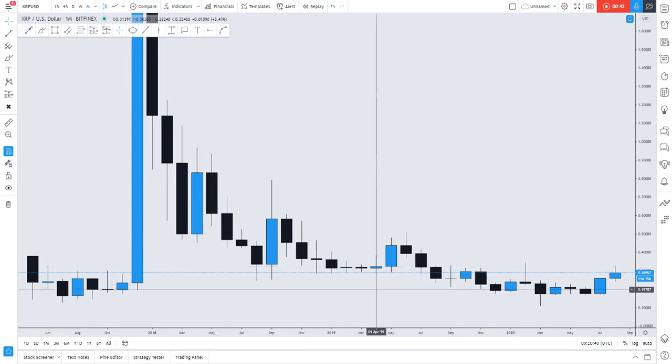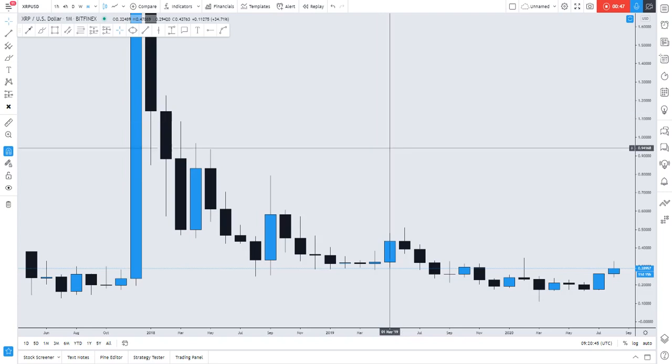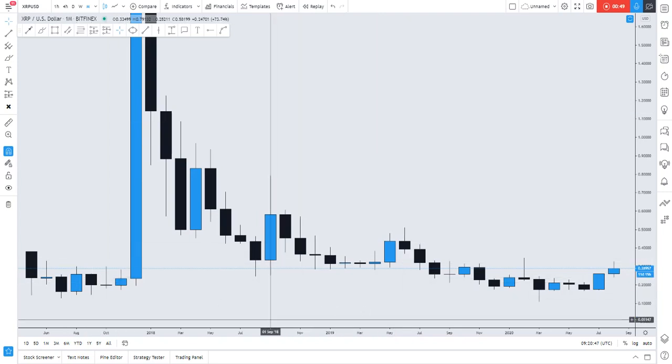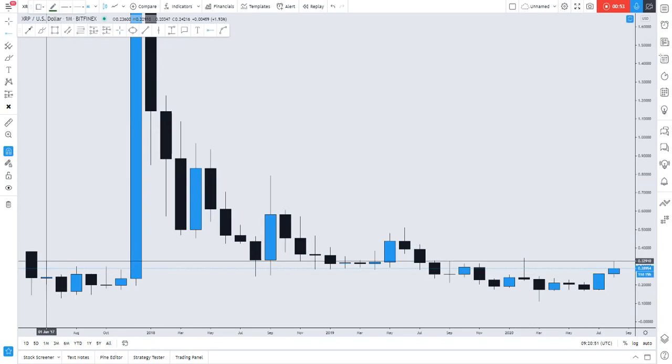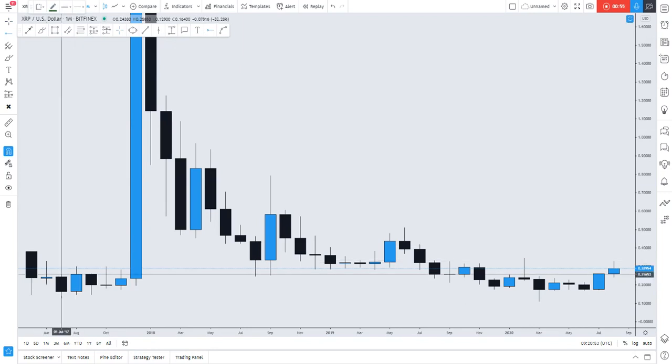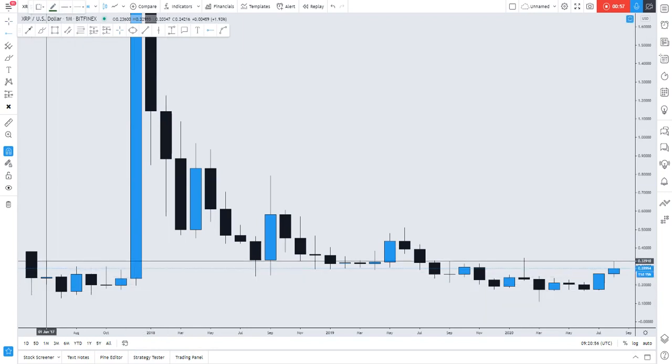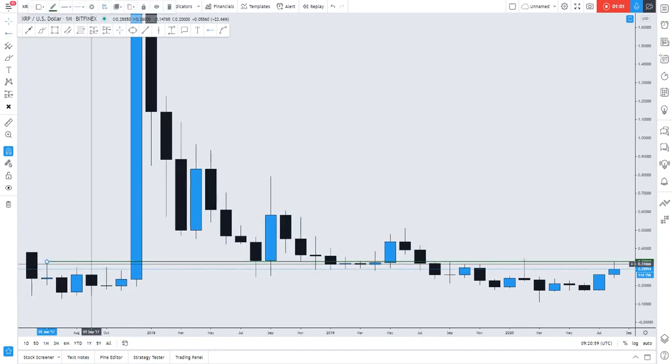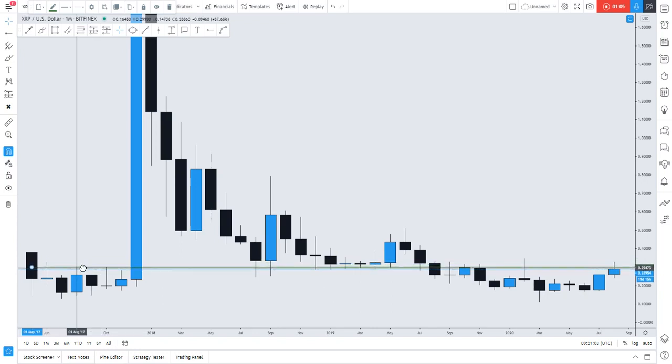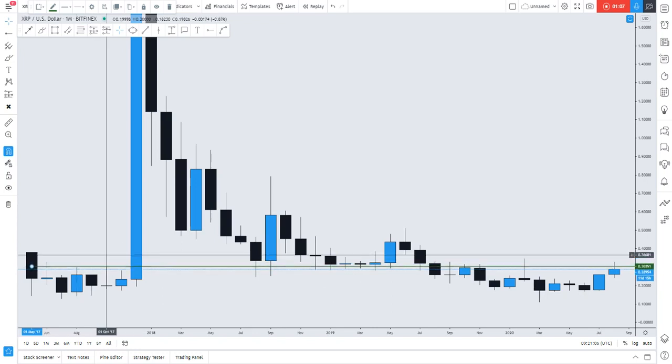Now there's not really much candle on XRP from the monthly time frame. But this area of structure right here, it's a bit lower to the downside. Yes. Okay, yeah.